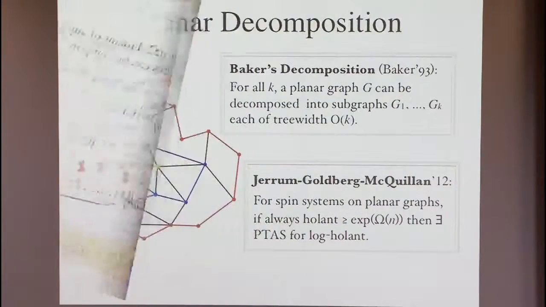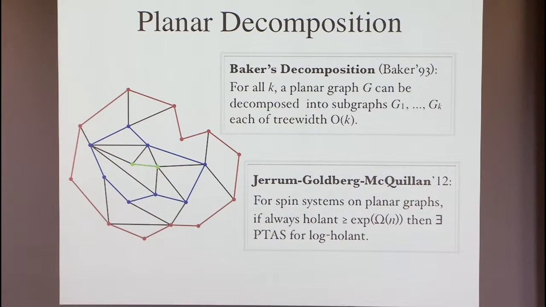So this result has some implications for approximate counting on planar graphs. For planar graphs, we know by Baker's decomposition technique that a planar graph can be decomposed into a sequence of subgraphs with bounded treewidth.